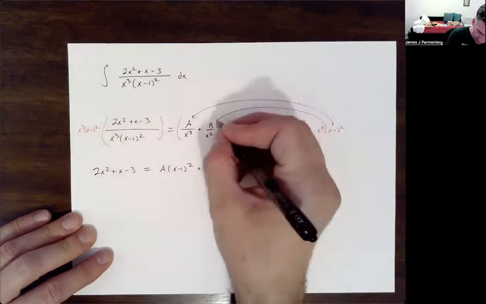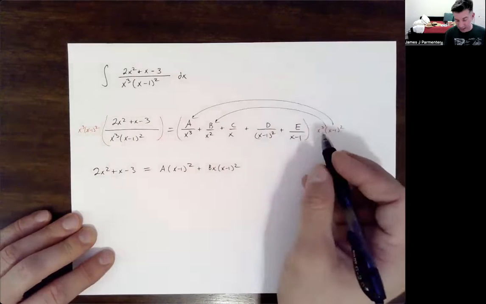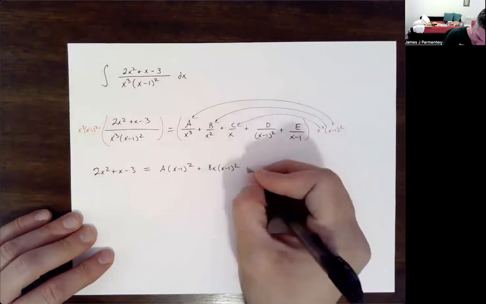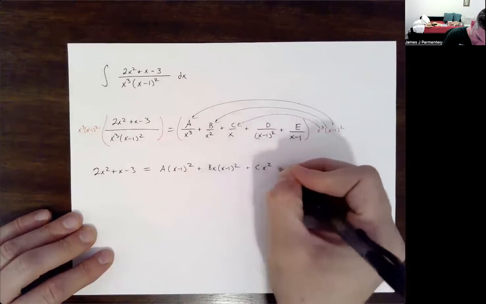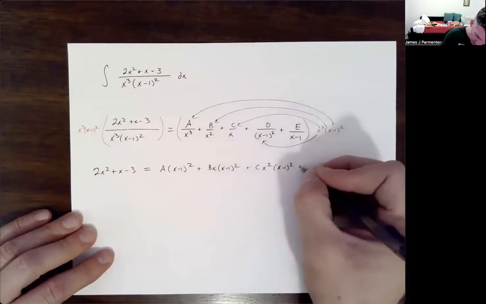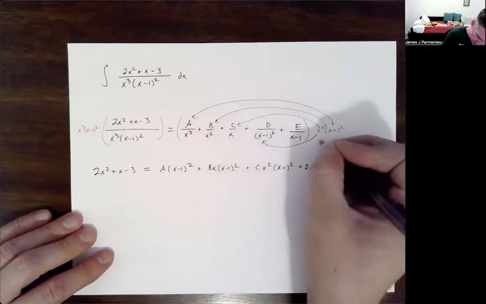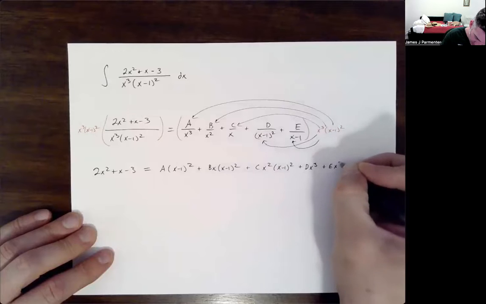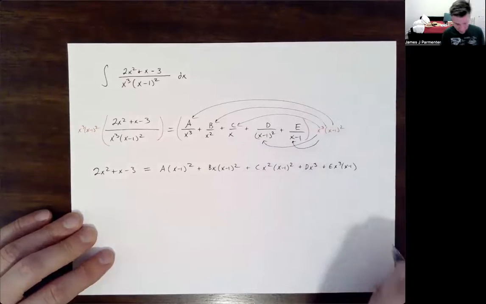When you multiply by that, the x squared cancels, leaving an x and the x minus 1 squared. When you multiply here, just the x cancels, so you get c times x squared times x minus 1 squared. Multiplying here, the x minus 1 squared cancels, you get d times x cubed. And multiplying here, you get e times x cubed times x minus 1.